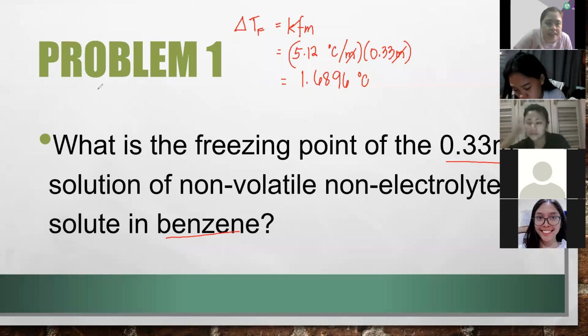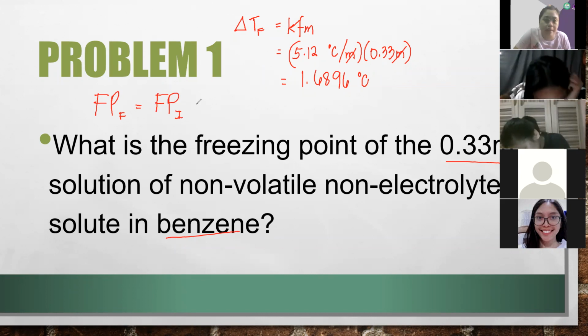The final freezing point, or the new freezing point of our solution, is equal to the initial freezing point, the original freezing point of our solvent, minus the change in the freezing point temperature. Take note of the difference: for the boiling point, we add the change in the boiling point temperature, but this time, for the freezing point, we subtract.